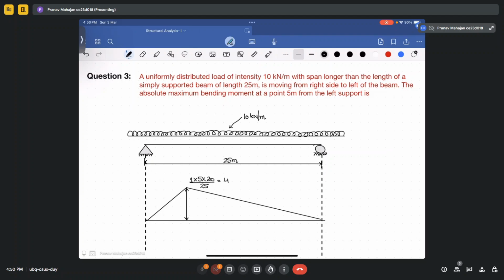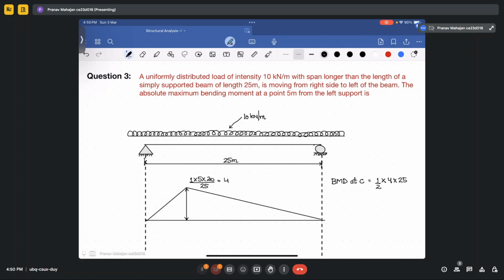Now you are required to calculate the bending moment at point C. So how will you calculate it? The bending moment at point C will be equal to the area of this diagram. So it will be 1 by 2 into 4 into the whole length, that is 25. Now you get the whole area under this.